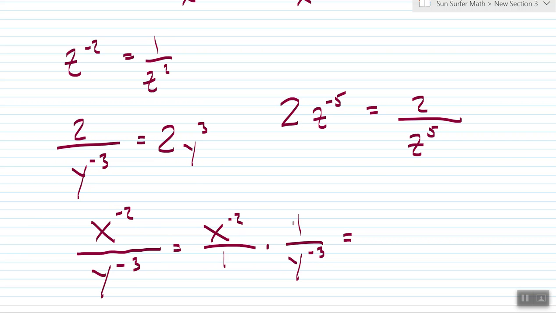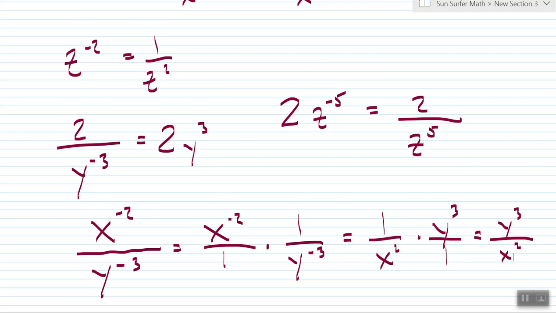I'm just separating them into two fractions being multiplied together. And you should be able to see that these two fractions multiplied together would give us the original fraction. Well, x to the negative 2 can then be rewritten as 1 over x squared. And 1 over y to the negative 3 can be written as y to the positive 3 over 1, which then multiplying these, we get y cubed over x squared.